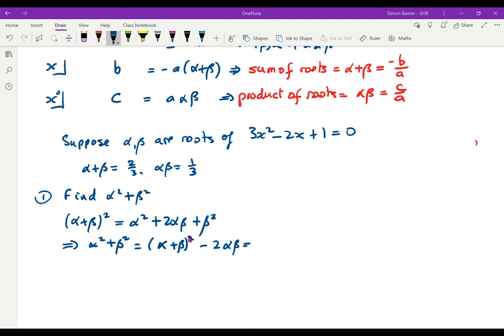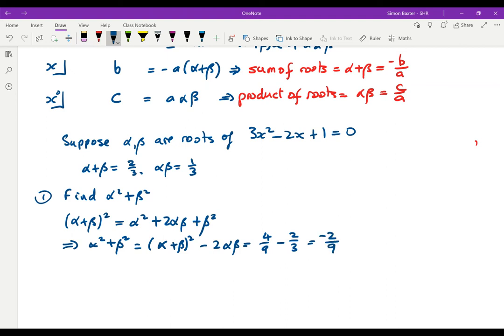Alpha plus beta is 2/3. Alpha times beta is 1/3. 2/3 squared is 4/9. 2 times 1/3 is 2/3. That is 4/9 minus 6/9, which is minus 2/9.